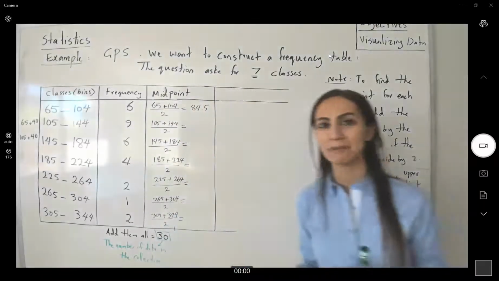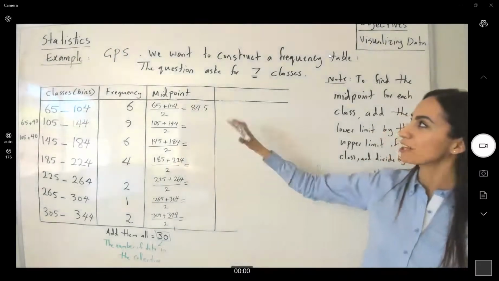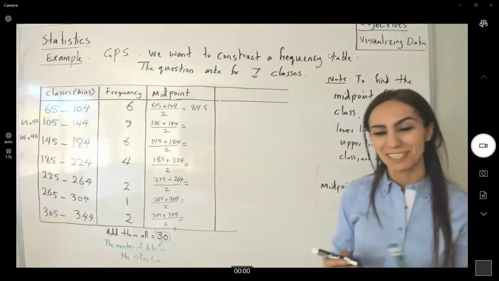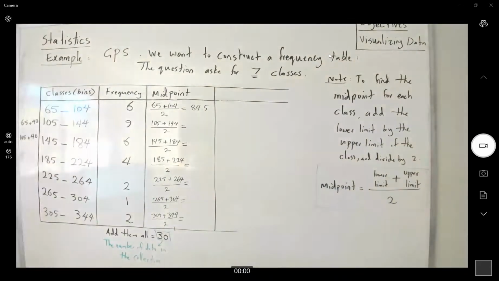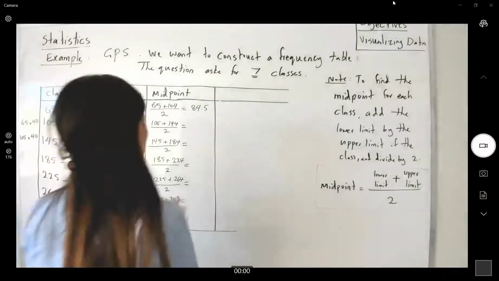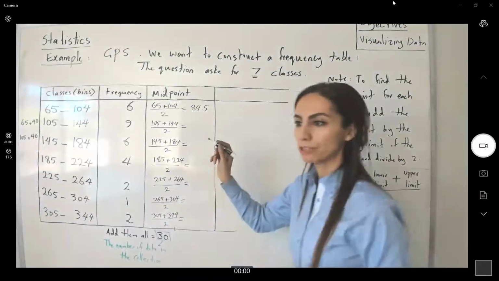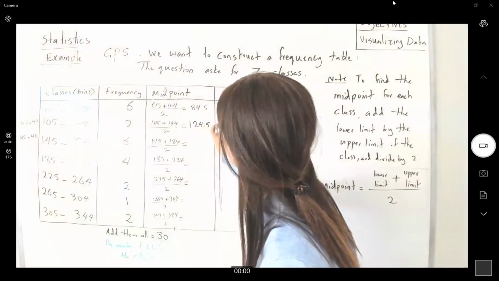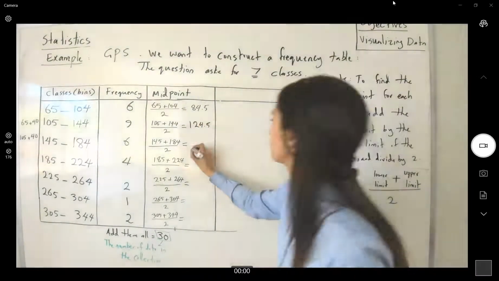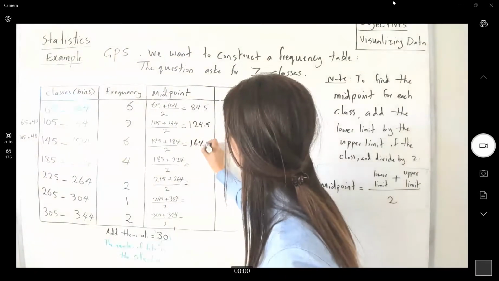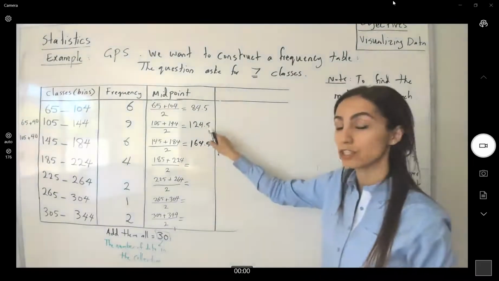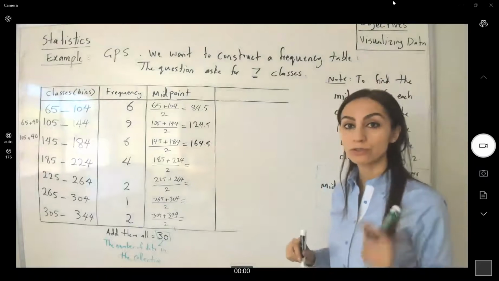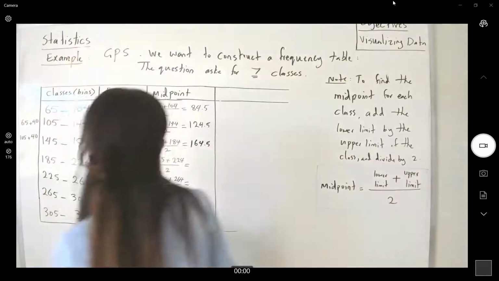So step by step, we're actually constructing our frequency table. Calculate the rest of it. So here we have 124.5. Then our next representative, 164.5. Remember that the difference between each of these is equal to 40.